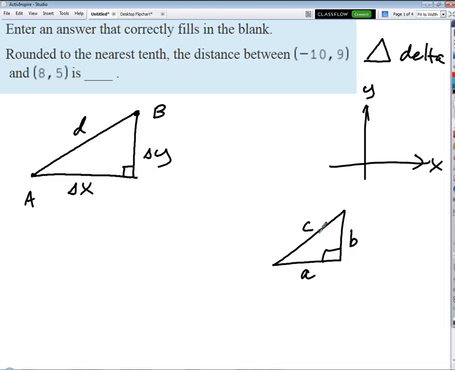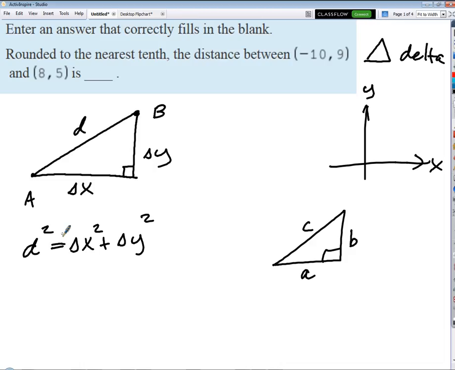So what's the Pythagorean relationship here? What do you think? Okay, good. So delta x squared, that's the horizontal leg, plus delta y squared equals d squared, where d is the hypotenuse, that's the distance, that's what we want, right? Simple. It's just a Pythagorean relationship.